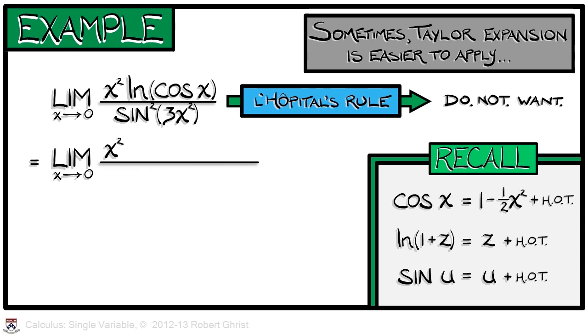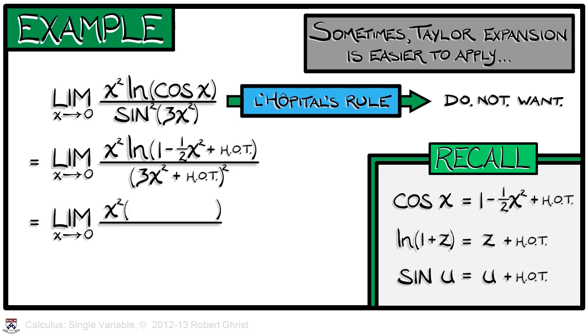Now, using the fact that, as x goes to 0, cosine of x about 0 is 1 minus x squared over 2 plus higher order terms, then substituting in for sine 3x squared and dropping all the higher order terms of sine, and then we have to square that. Ooh, this way is not so easy either. But it's not that bad.